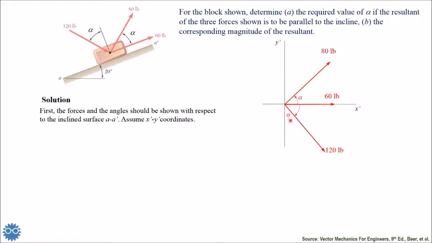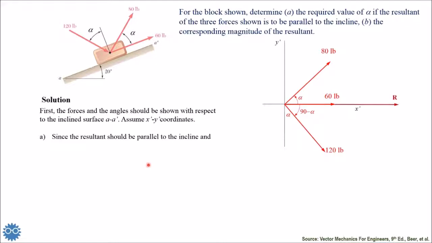Notice that alpha here is the angle between the vertical and the force, as it is here. So the angle between the force and the x prime axis will be 90 minus alpha. 90 minus alpha.